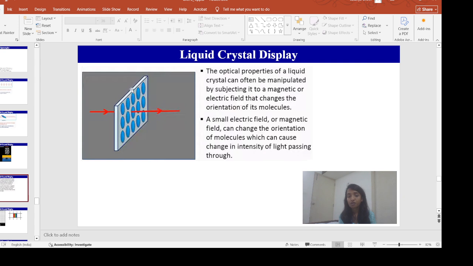Now, if we divide this entire liquid crystal display into small regions, each of these small regions is called a pixel. So the higher the number of pixels per unit area, the higher the resolution of your image, and the clearer the image will be.